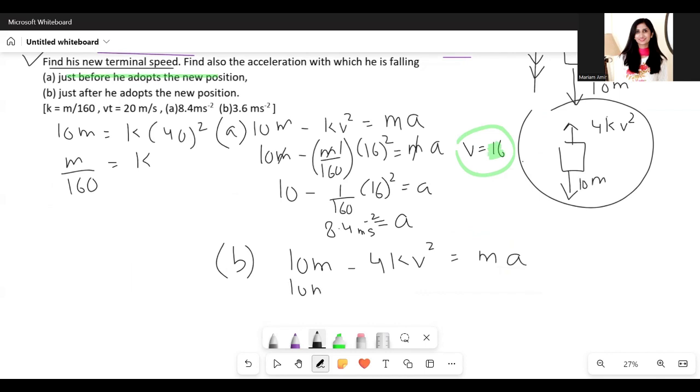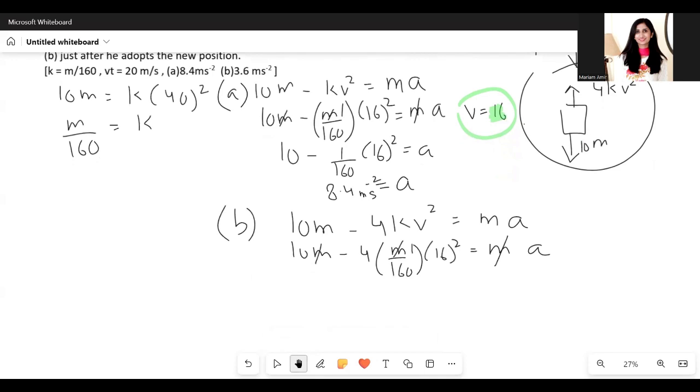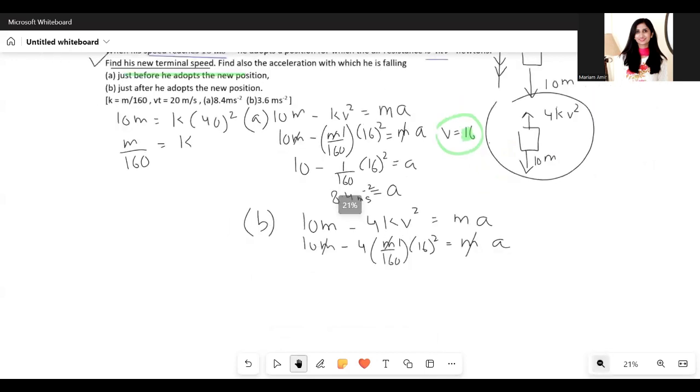So 10m minus 4 times m upon 160 times 16 squared equals ma. Cancel, cancel, cancel. So we have 10 minus 4 times 1 upon 160 times 16 squared, getting 3.6 meters per second squared.